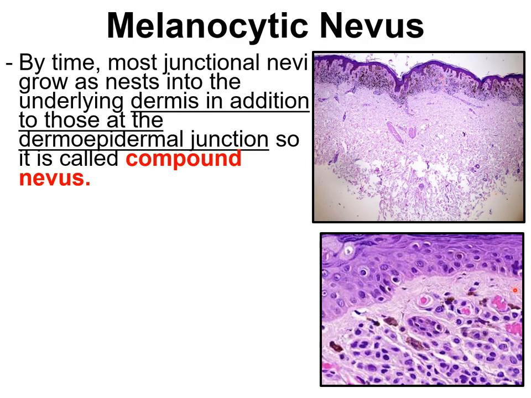So it is a compound nevus. Compound means the two components are present: the first one at the dermo-epidermal junction and the second one in the dermis. So it is a compound nevus.